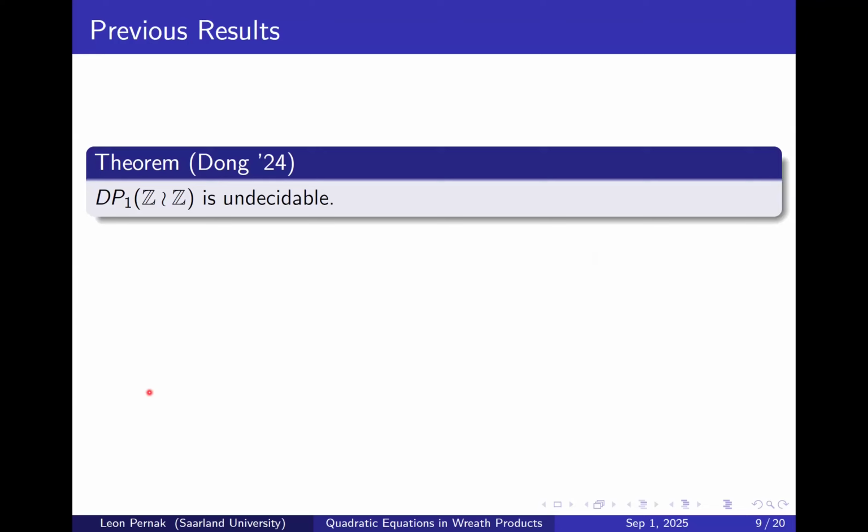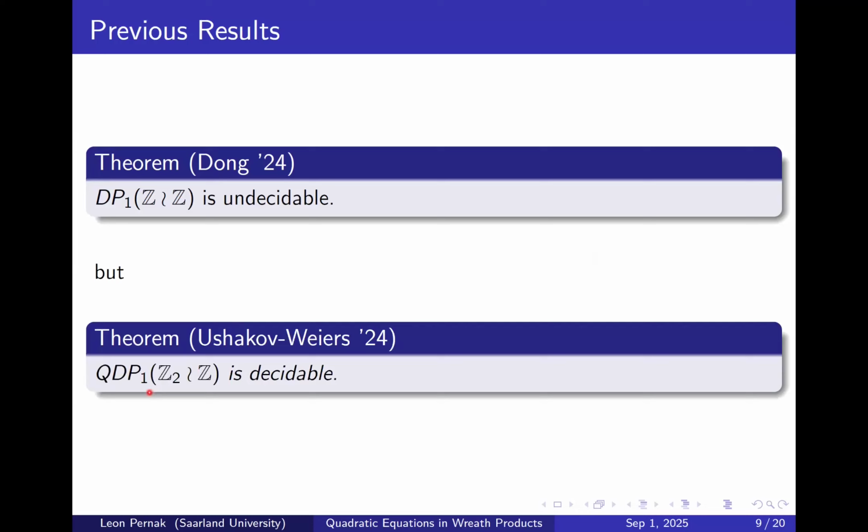The equation problem for abelian groups hence can't be decidable in general. But on the other hand, we have the result that quadratic equations in the lamplighter groups are decidable. That's already known, also from 24, a little bit before Ruiwen's result of undecidability. So there is some hope that some things should be decidable in general wreath products of abelian groups.